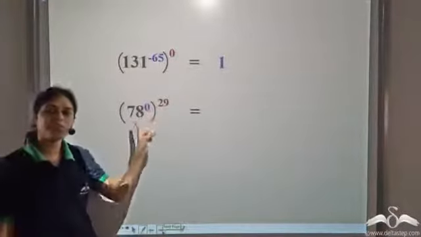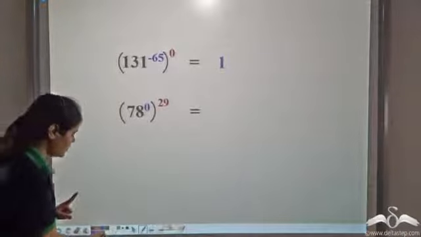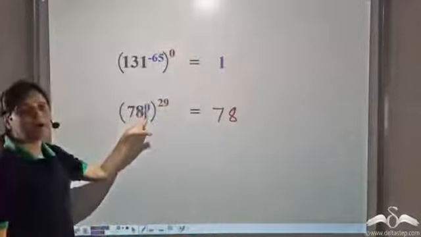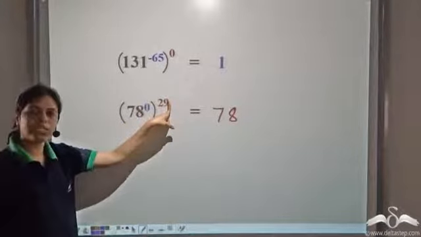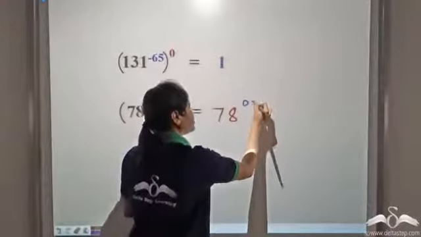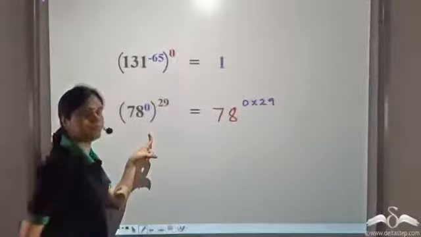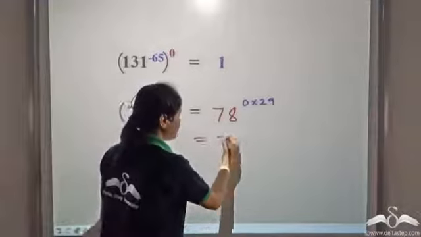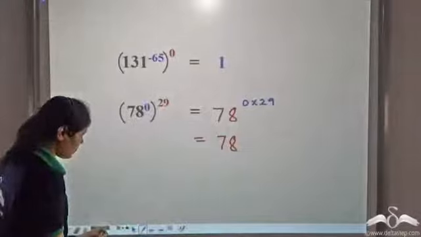Now can you find the value of this? This is equal to 78 to the power 0 into 29. So we have 0 into 29, which is 0. So we have 78 to the power 0.